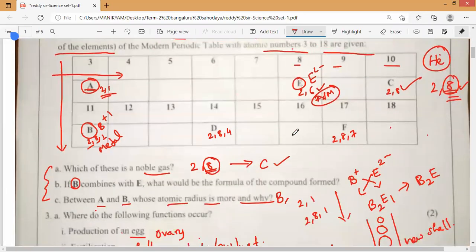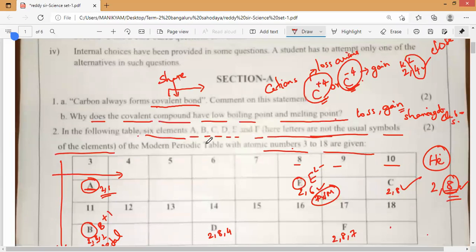If you are very clear in this, for any difficult question, the way of answering is very important. Why does carbon always form covalent bonds? Because carbon is tetravalent. It could either donate or gain 4 electrons, but nobody is ready to donate 4 electrons.